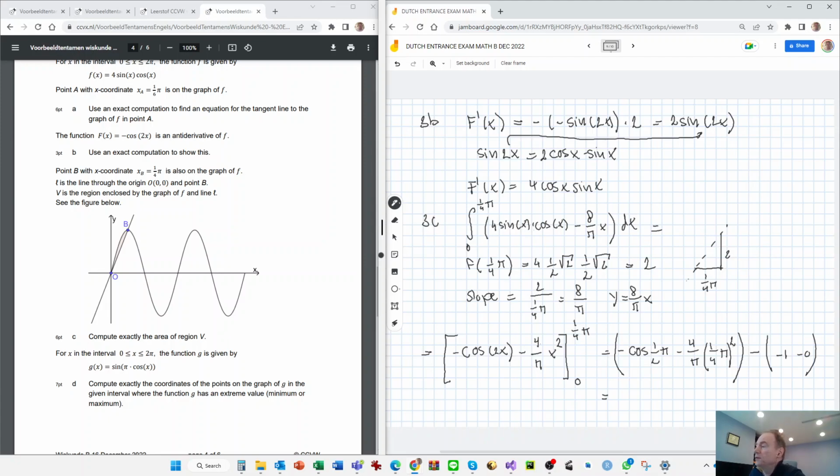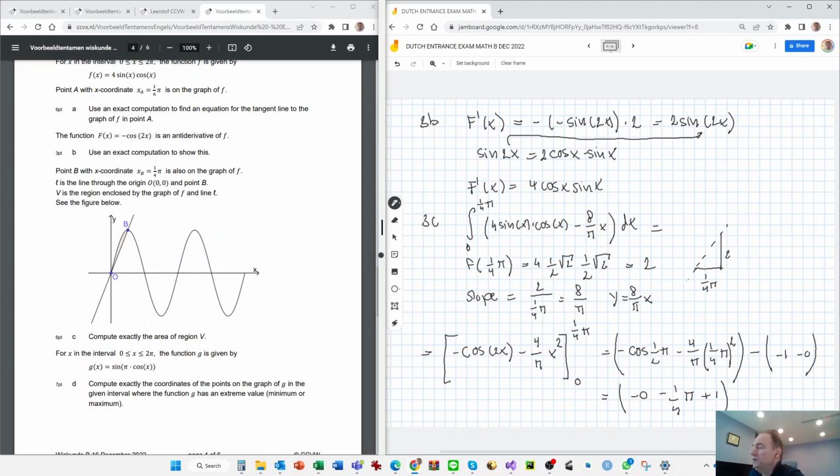Well, so the cosine of half pi again is 0. So I get 0 here, and I get 1 over 16. So I get 4 over 16, which is a quarter, minus a quarter. And I get a pi squared divided by pi, and then plus 1.